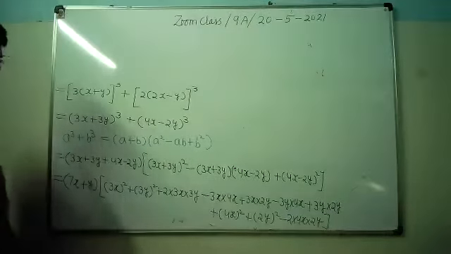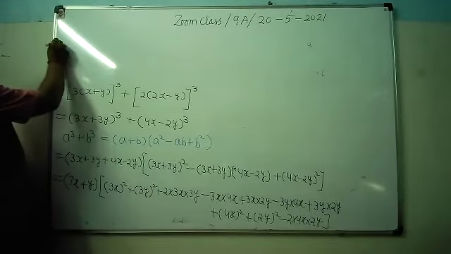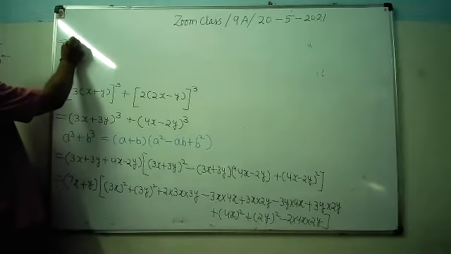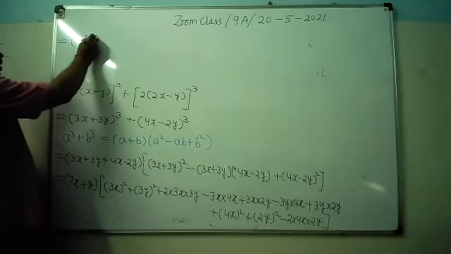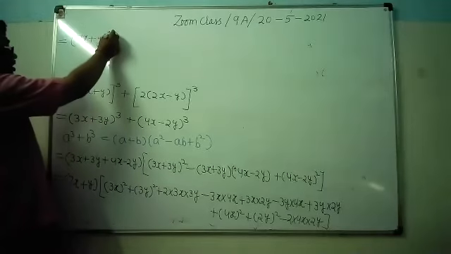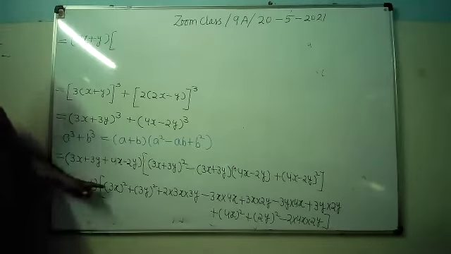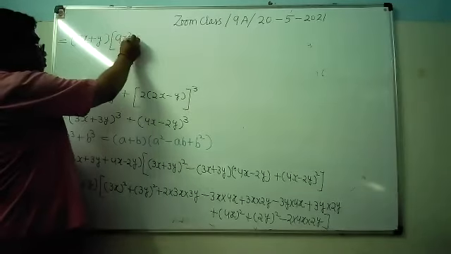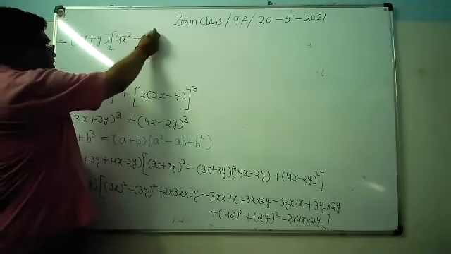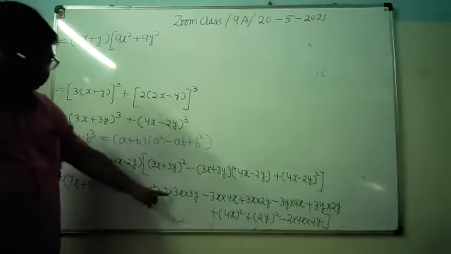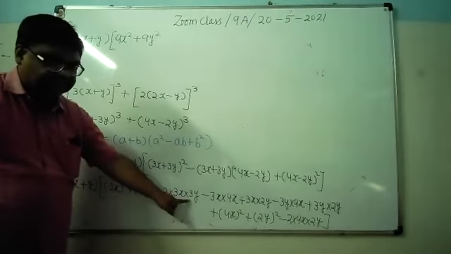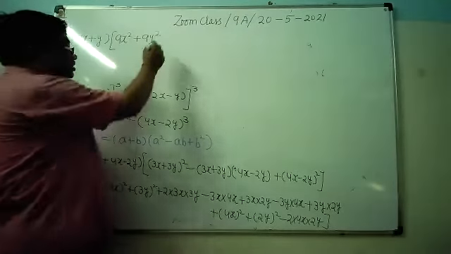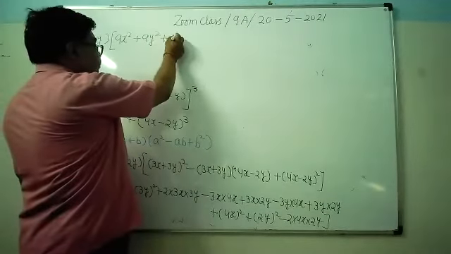So you can see here, I am writing here 7x plus y. In the other bracket, 3x whole square, that is 9x square plus 9y square. 2 3 ja 6, 6 3 ja 18, plus 18xy.